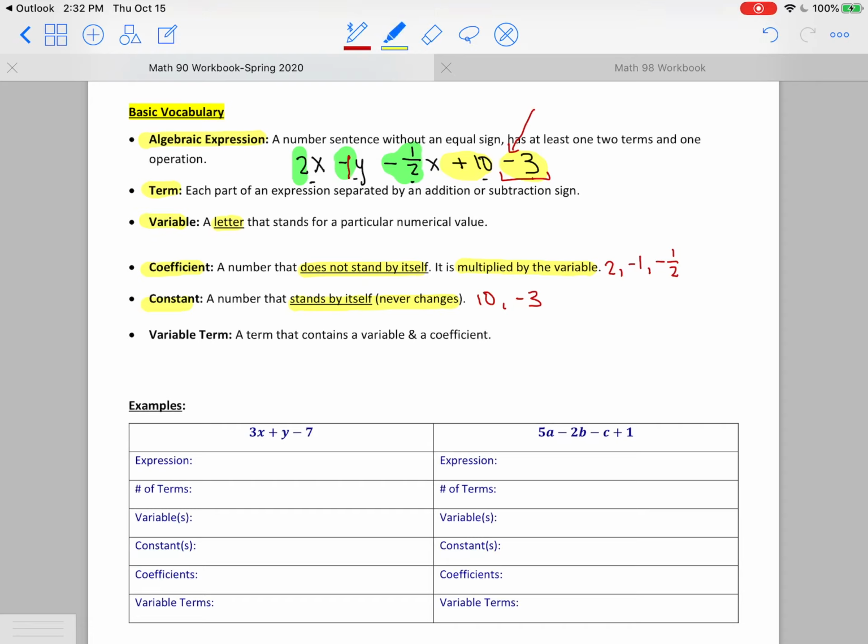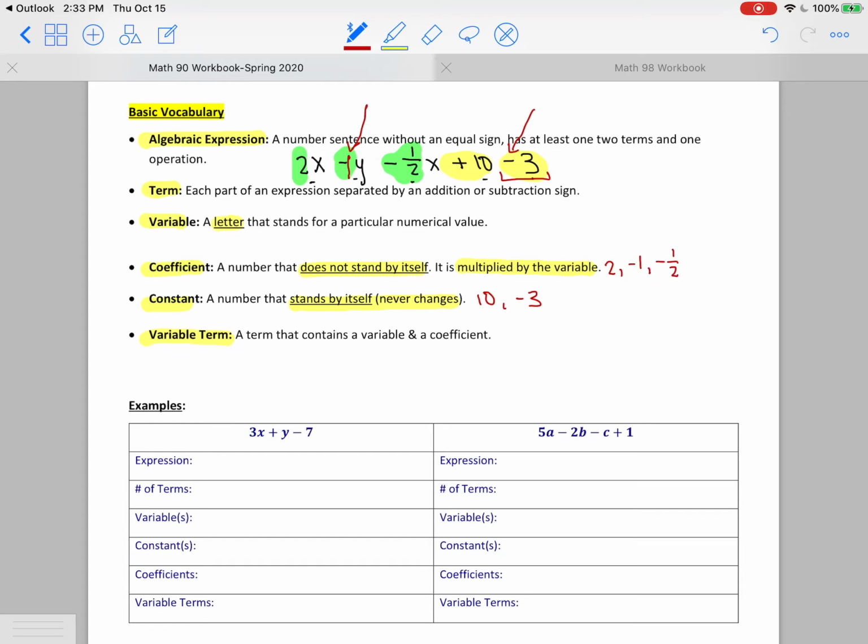Okay, and then a variable term. A variable term's basically like a variable, but what we do is we look at that term and we just say, oh, this term contains variables in it and has a coefficient, even if we don't see it, just like this one. We didn't see that one there, but it is considered a variable term, and it does have a coefficient.